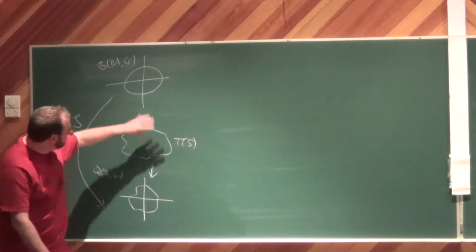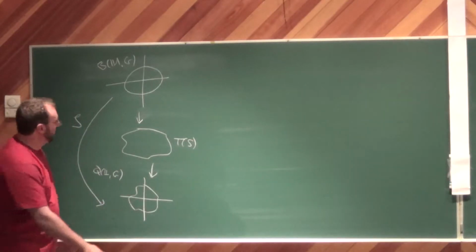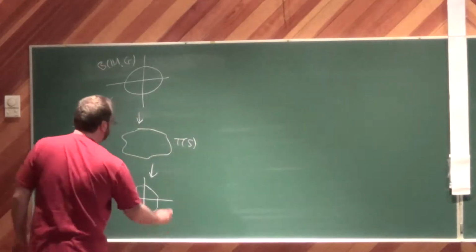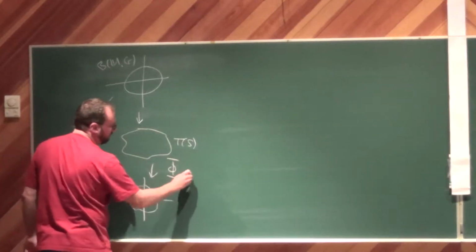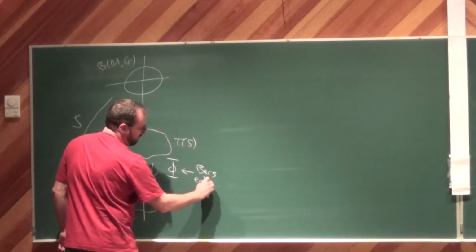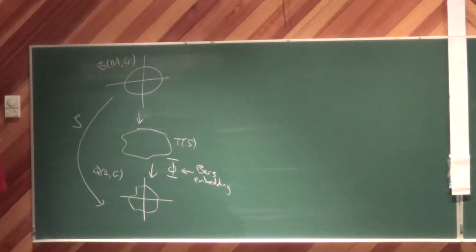So the induced map you get here is 1-to-1 onto its image. What do I call that? Capital phi. So this capital phi here is the Bers embedding and it is 1-to-1 onto its image.